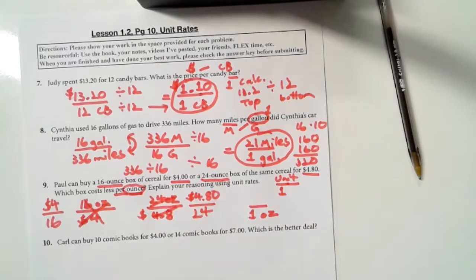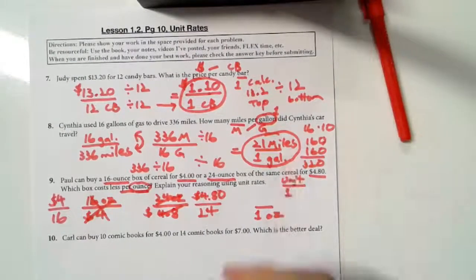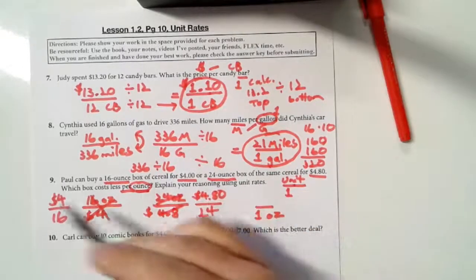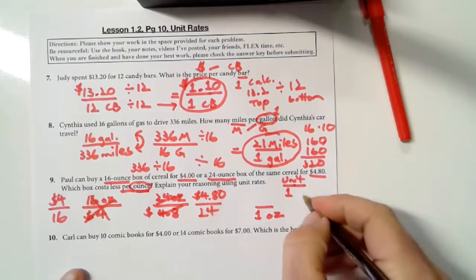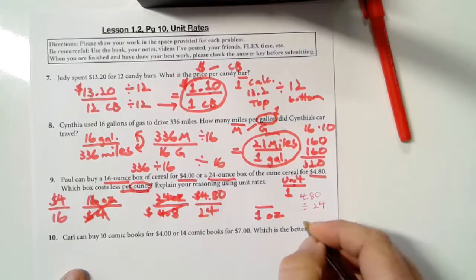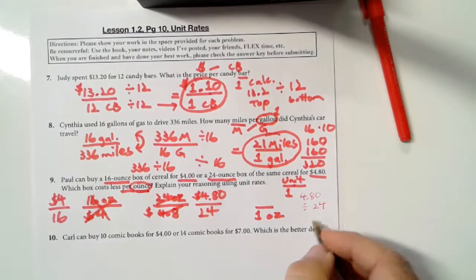Time for me to get rid of the felt tip pen because we're running out of room. So if I'm on a calculator and I go $4.80 divided by 24, I'm going to get 20 cents per ounce.